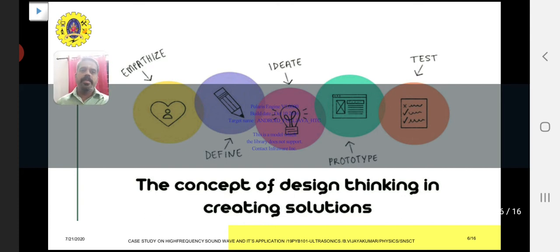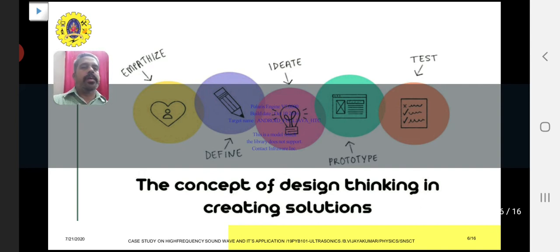So there are 5 stages in design thinking for creating a solution: empathy, define, ideate, prototype and testing. In empathy, we look at different problems in different areas, and especially one problem we take from that to find a solution, that is define. Then what type of solution is very suitable to clear the particular problem, that is ideate.